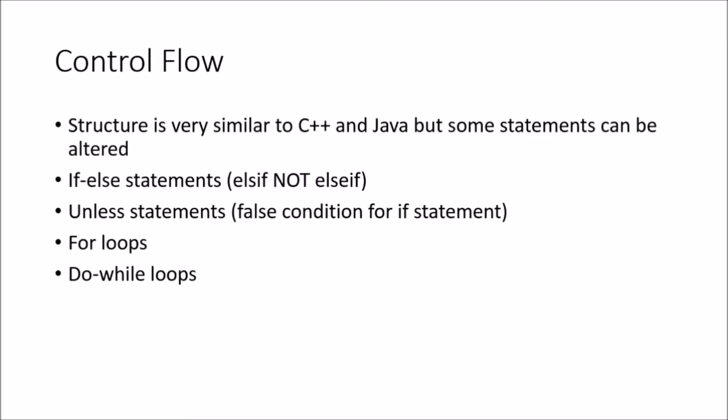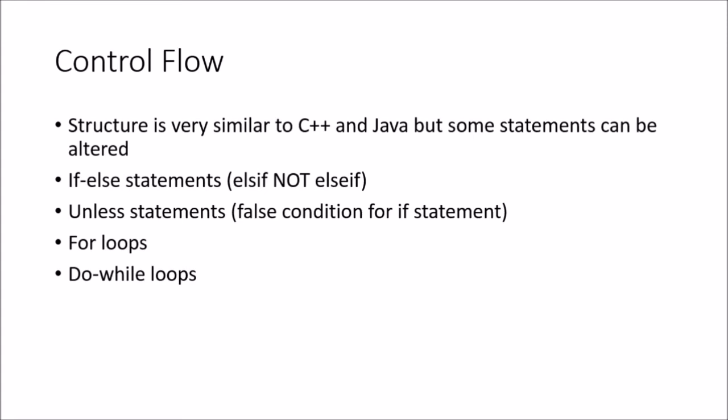The control flow of Perl. The structure is very similar to C++ and Java, but some statements can be altered. The if-else statements, for example: instead of writing else if like we use in Java and C++, instead of spelling it correctly, E-L-S-E, it's actually E-L-S followed by the IF.